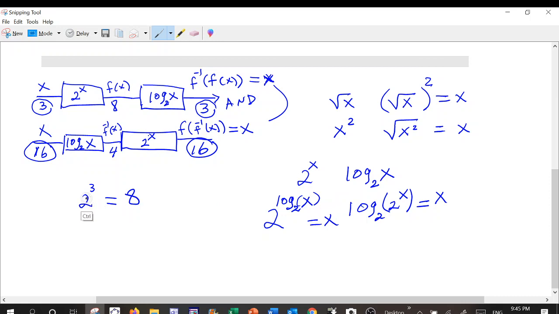So if I want to cancel this exponentiation, I can take log base 2 of this side and take log base 2 of this side. Now, of course, this log cancels this exponentiation, so we just get 3 here equals log base 2 of 8.